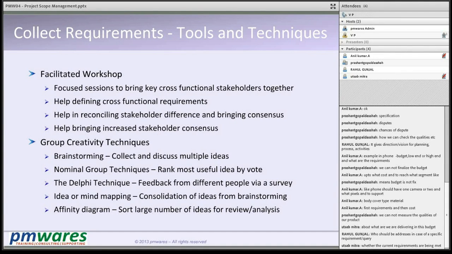Exactly. I think Utsav is a business person, who understands far better whether the requirements are being met.